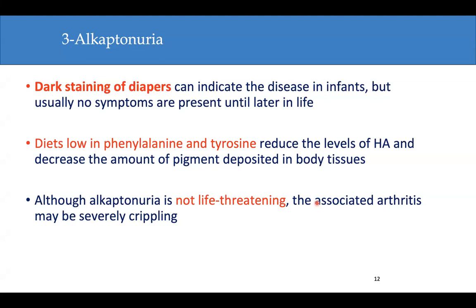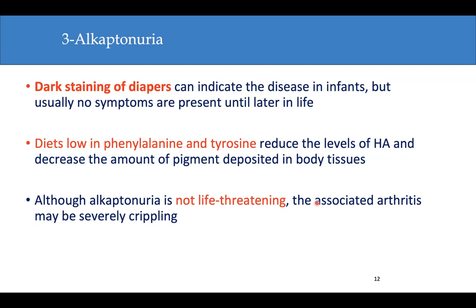So when mothers first bring their babies to the hospital, they sometimes say, my baby's urine becomes really dark, or the diapers, after the baby has urinated, become really dark, and it's concerning. And so sometimes that can be the characteristic presentation symptom in these patients. What happens is their urine becomes dark, and there are no other symptoms until later in life. But often when a mother notices this, she brings her baby to the hospital.